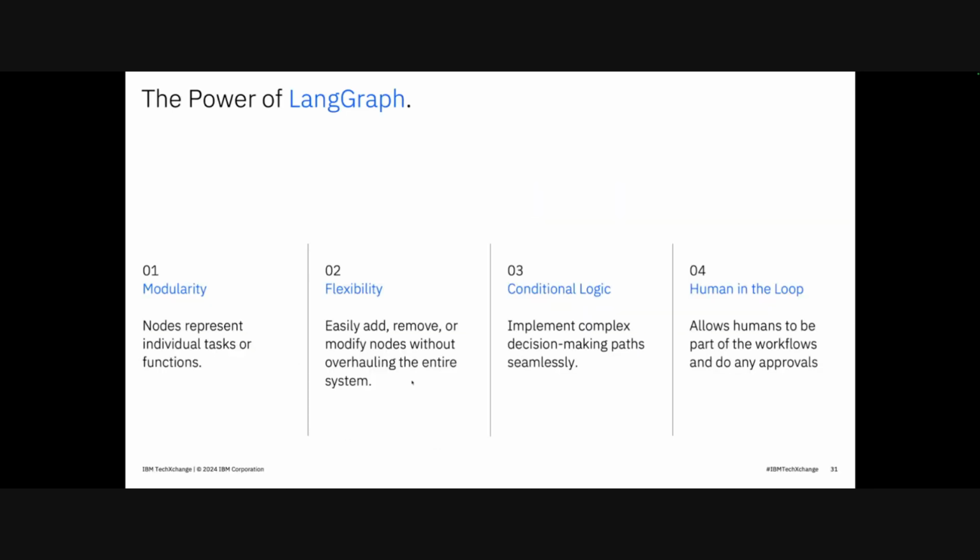Once again, what we get out of LangGraph is modularity, where we break down all of the different tasks and functions into nodes and edges. This gives us a lot of flexibility because if we want to change the code, for instance, there's a new service we want to use to get stock prices, we simply can just take that single node, understand what the inputs are and the outputs are, and replace that one node without having to understand any of the other logic of the entire graph or the rest of the application.